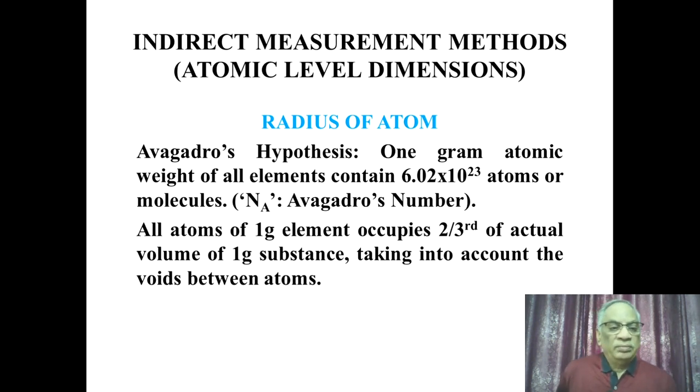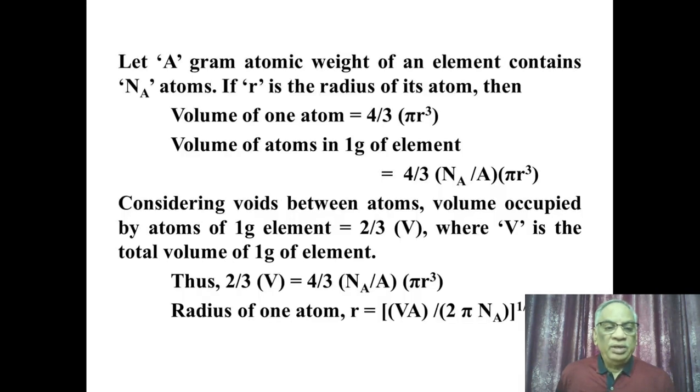Now consider a gram atomic weight of an element. That means the atomic weight of the element under consideration is A grams. It contains Na atoms, and small r is the radius of its atom.